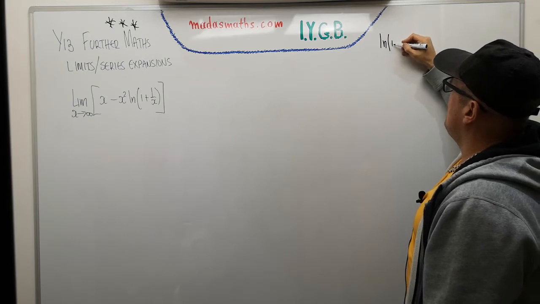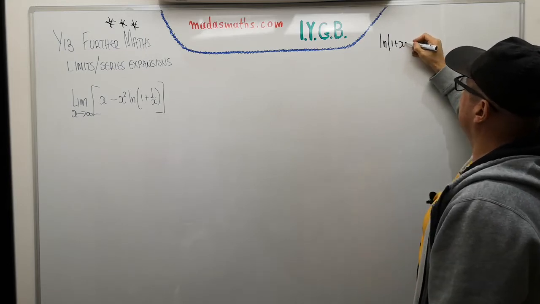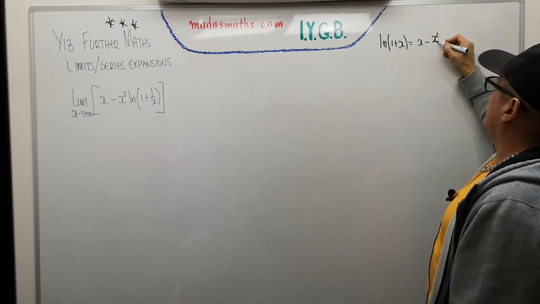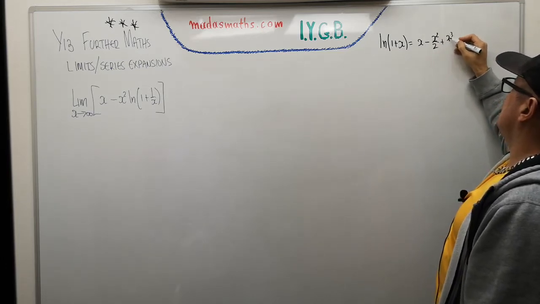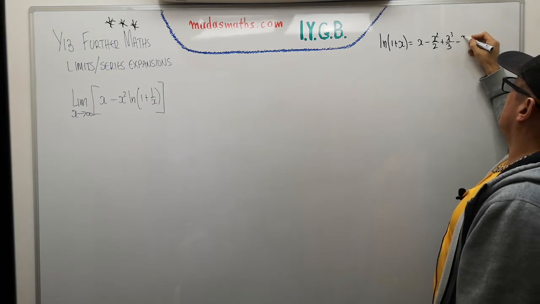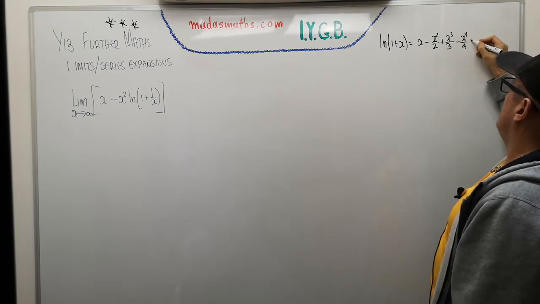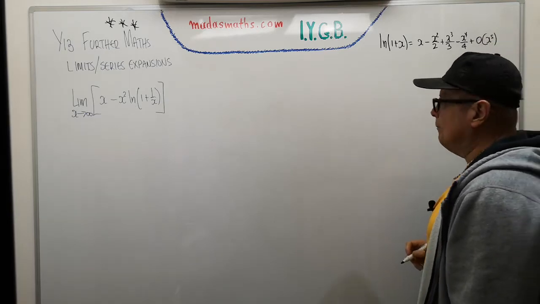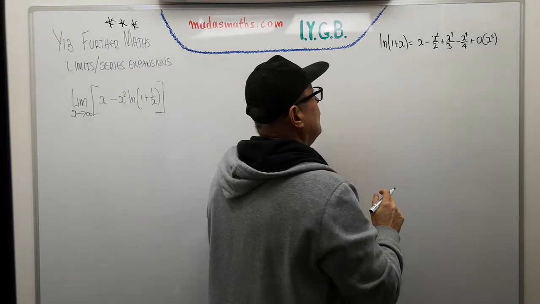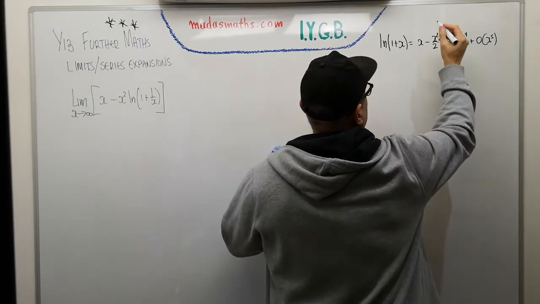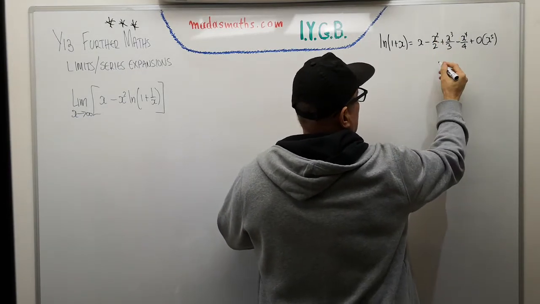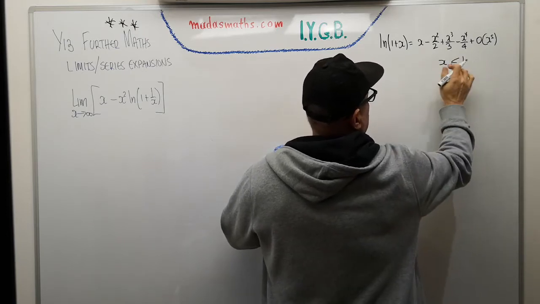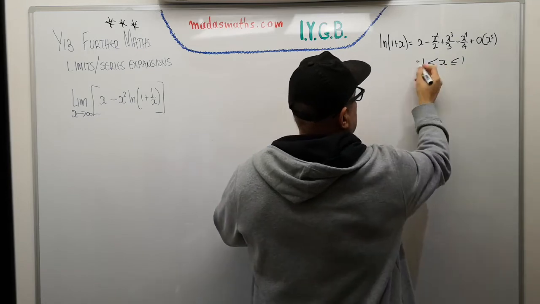The log of 1 plus x is x minus x squared over 2 plus x cubed over 3 minus x to the 4 over 4 plus higher order terms of x to the 5 or higher. And we need to be aware that this expansion is valid. I think the validity is also given in the formula booklet. I think it is valid for x between -1 and 1, including 1 but not equal to -1.